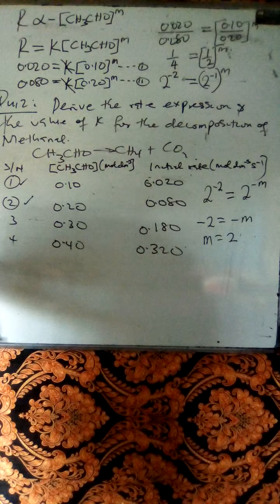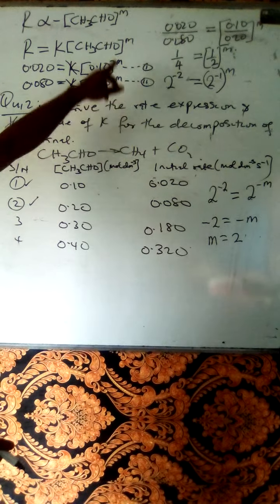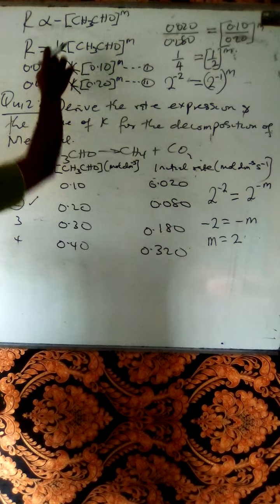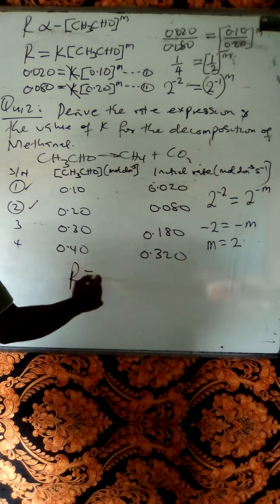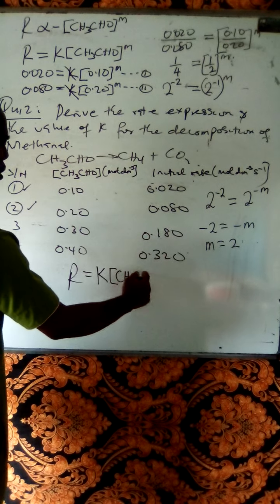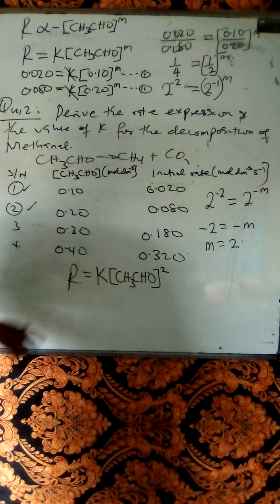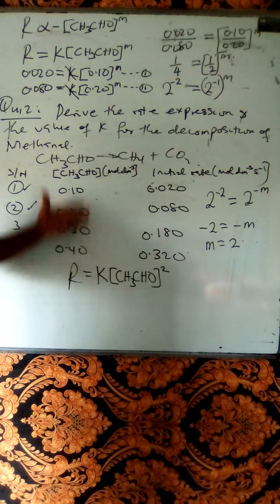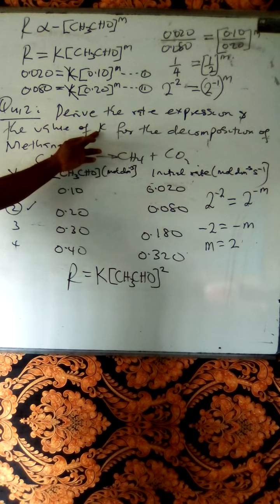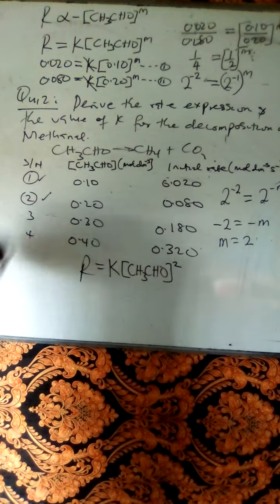So we are told to find the rate expression. There's no way we can get the rate expression unless we get the order of reaction. Now we have the rate equation. Going back to this, we have R equals K into [CH3CHO] to the power 2. That's the rate law for this reaction. We also have to find the value of K, where K is the rate constant.